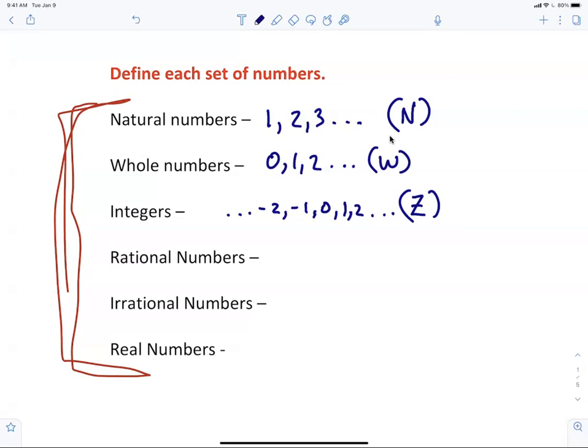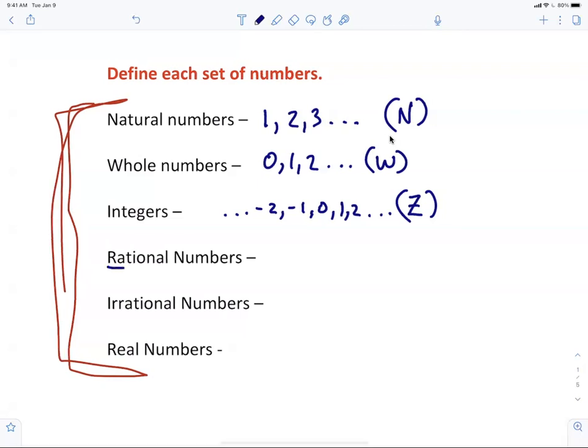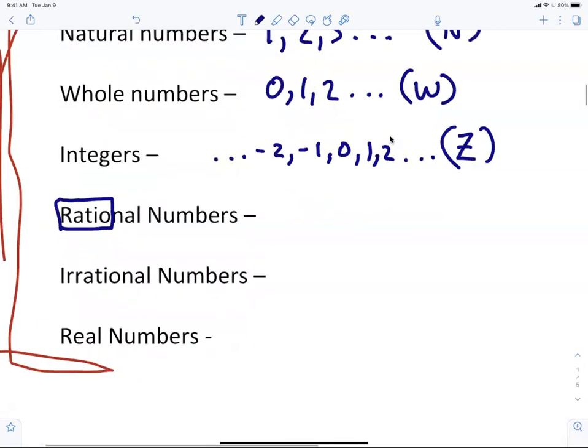What I want to try to show you is this. What's the root word for rational? Ratio. So what does ratio mean? Fancy word for fraction.